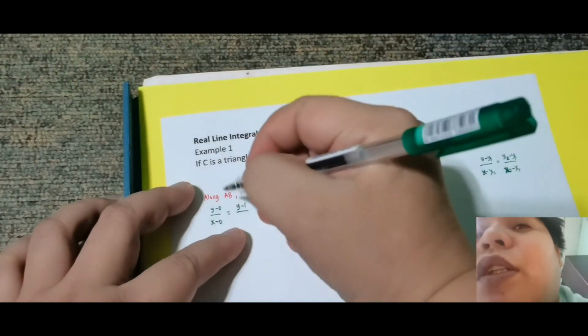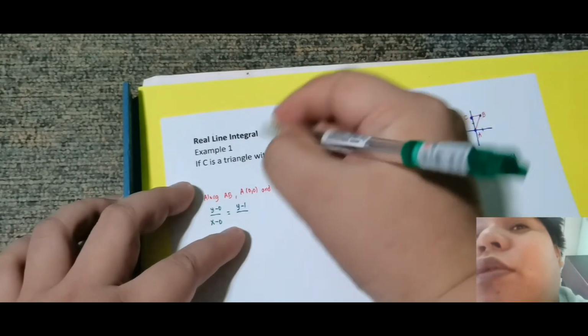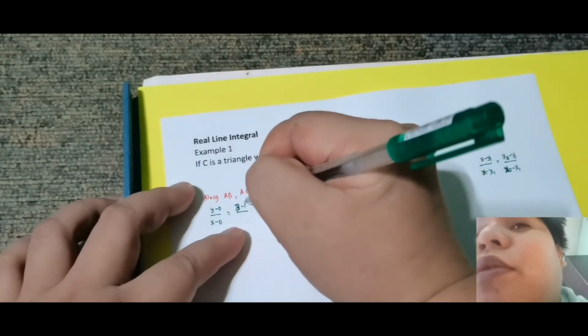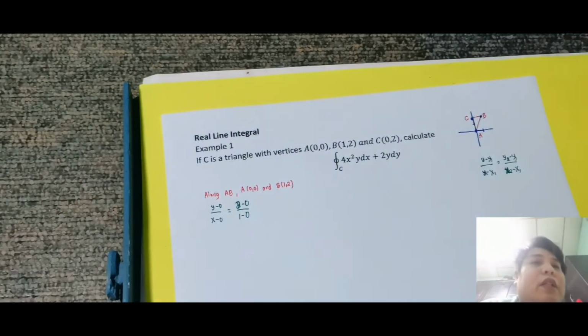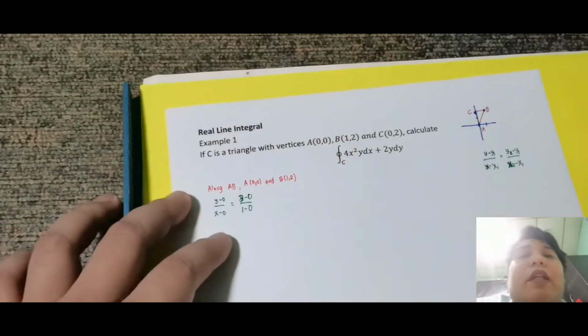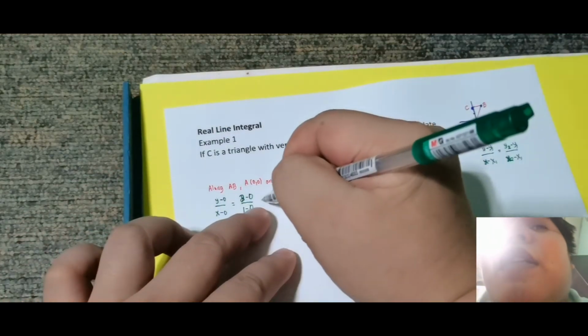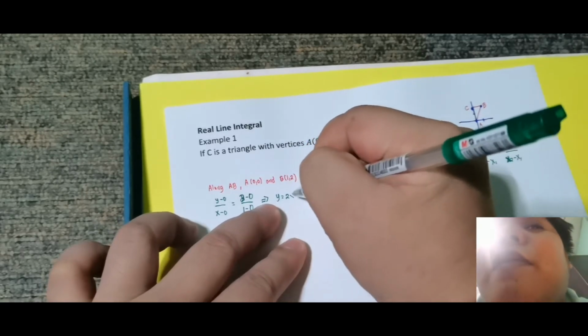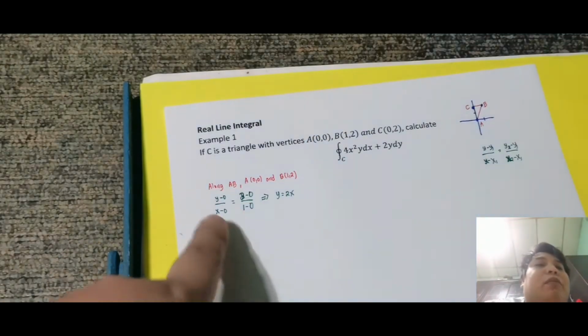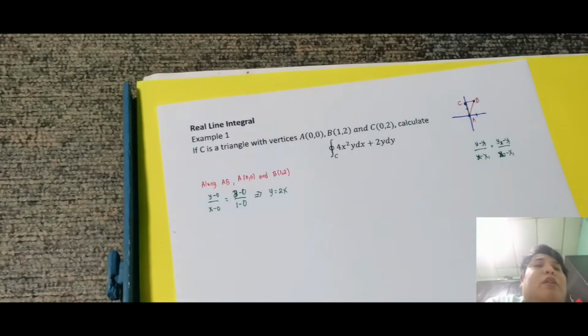So this is (2 minus 0) over (1 minus 0). Next is pag cross multiply, simplify nyo na lang, this is y is equal to 2x. So equation of the line na na-form natin along that point is y is equal to 2x.